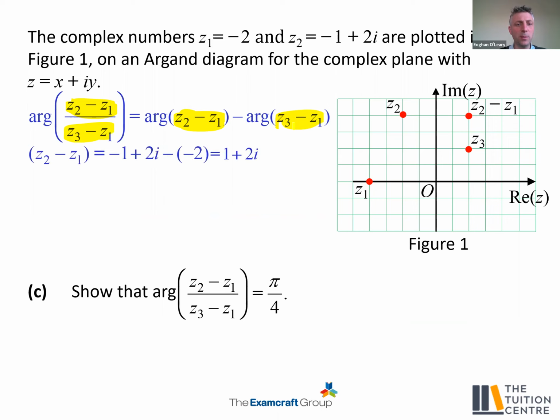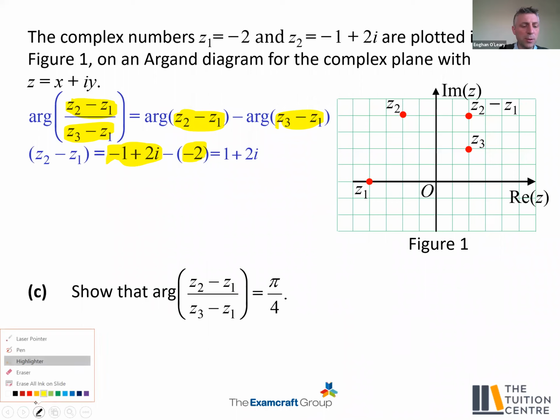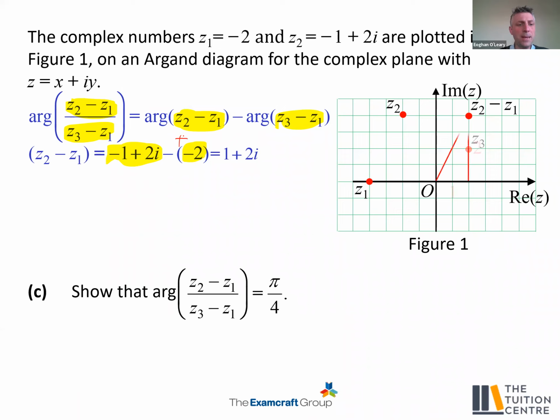So we better figure out what z2 minus z1 is. Well, z2 is -1 plus 2i, z1 is -2, and of course you can have the plus 0i in there if you wish. Putting that together, minus -2 is obviously going to become a plus, so you'll have -1 plus 2, which will give you +1, so you'll have 1 plus 2i.